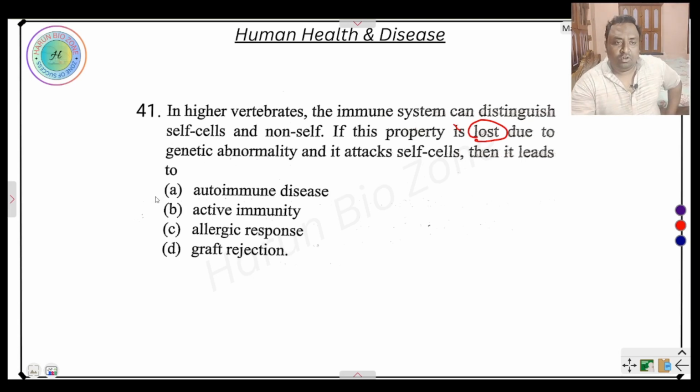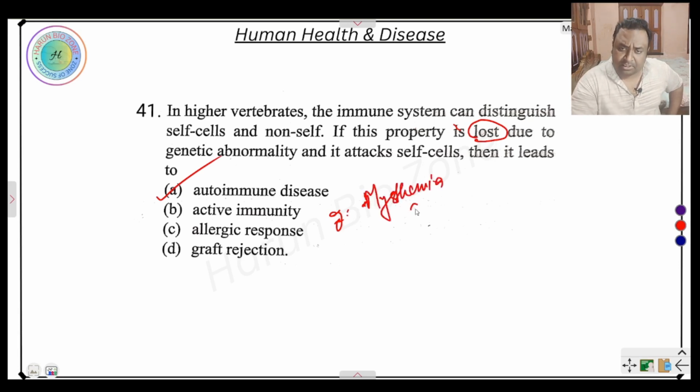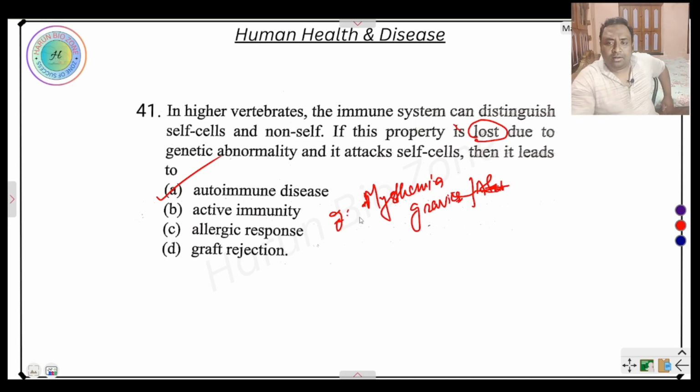Example: myasthenia gravis or rheumatoid arthritis.